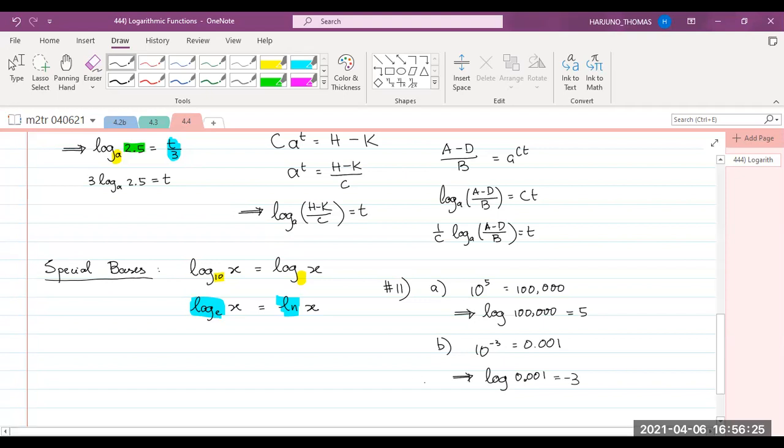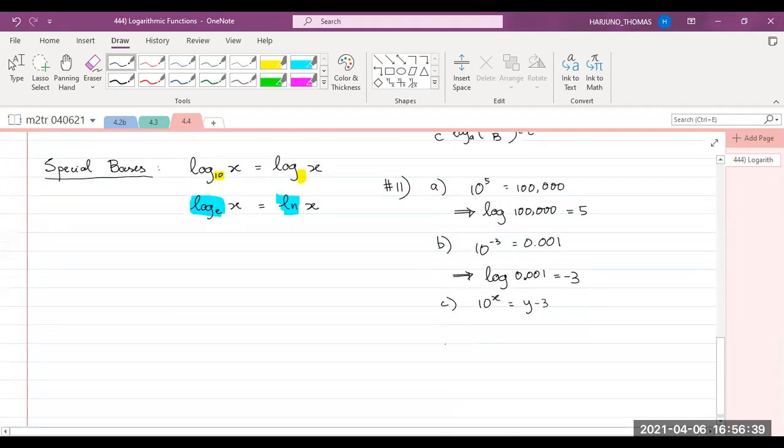Okay, part C, 10 to the x equals y minus 3. Then the log form will be log base 10, which we don't write the base, of y minus 3 equals x.